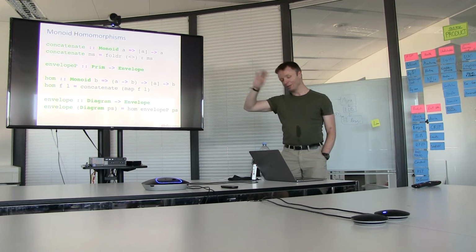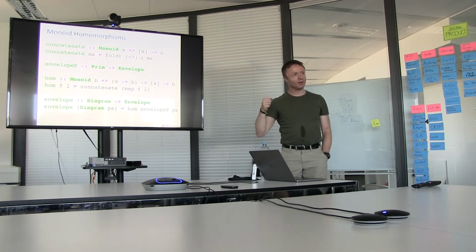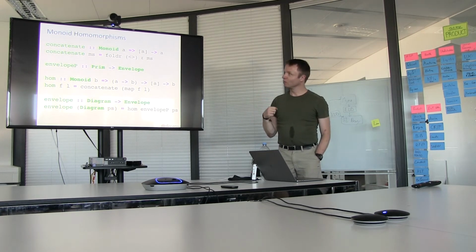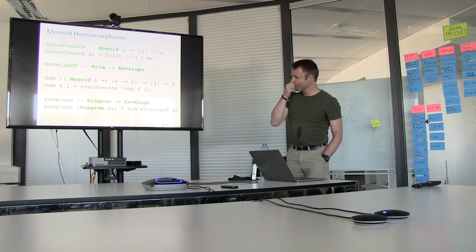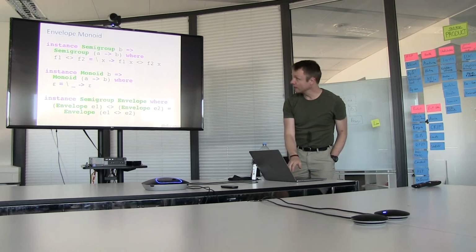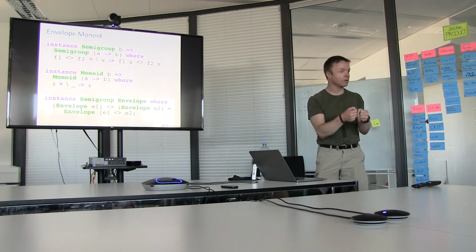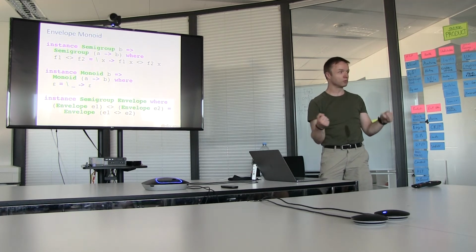He just tried to apply algebra to this. Homomorphism sounds really nice, and he tried to make things fit in an algebraic framework. Remember, if we're going to combine two pictures, we also need to be able to combine their envelopes for this to work out.